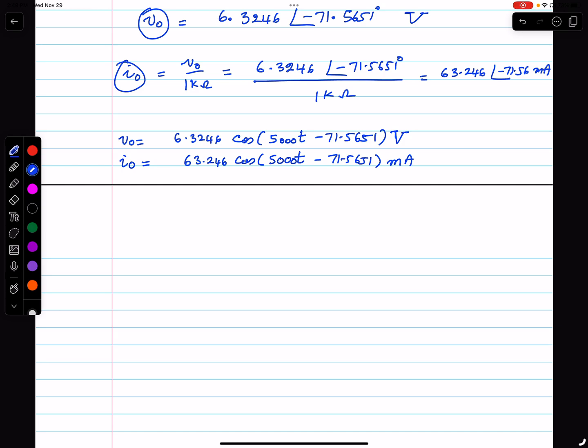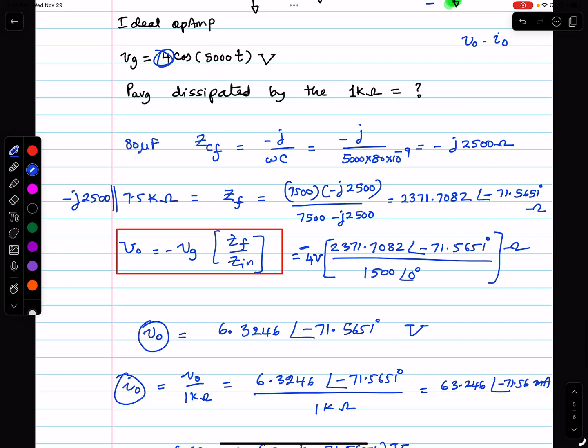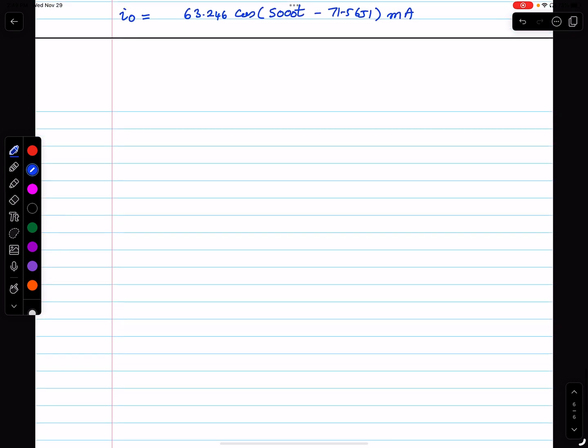Now we are asked to calculate what? We are asked to calculate the P average dissipated by the 1 kilo ohm resistance.